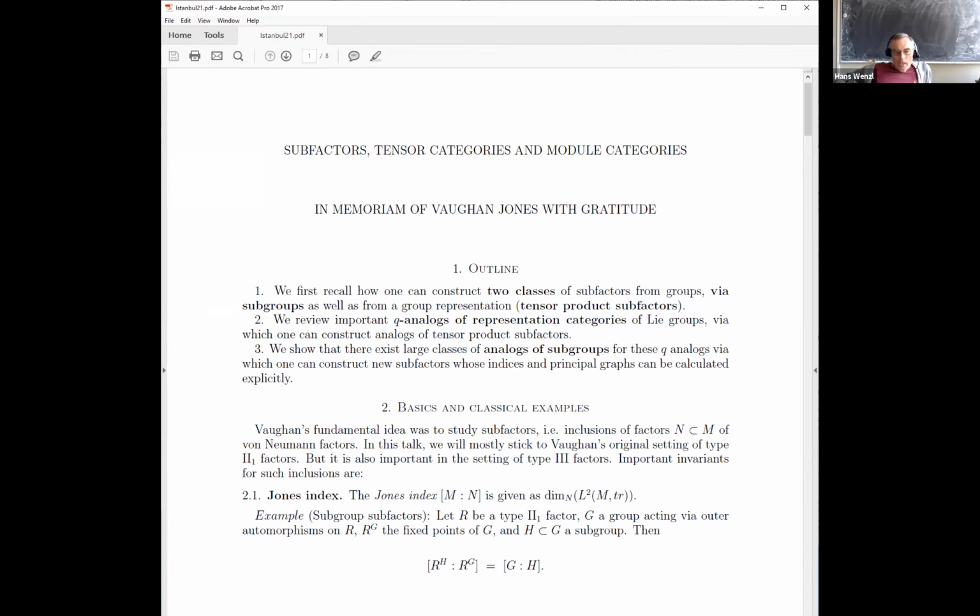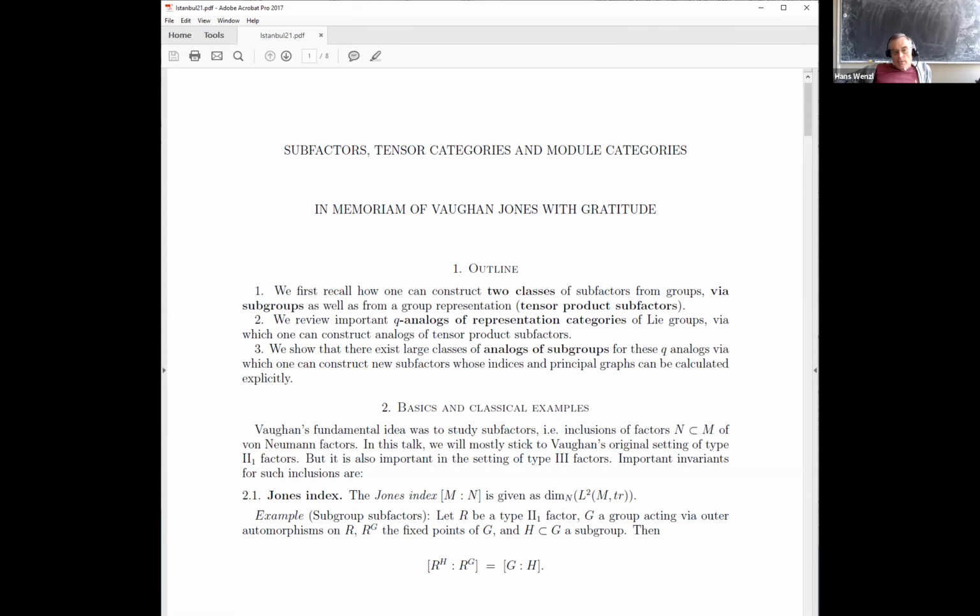So the plan is that I first review some very basic examples of subfactors, which in some sense already existed before Vaughan. And then I get to these q-analogs or q-deformations of these examples, which at that time was very exciting. There are basically two types of examples: the tensor product subfactors, which I will explain, and the subgroup subfactors.